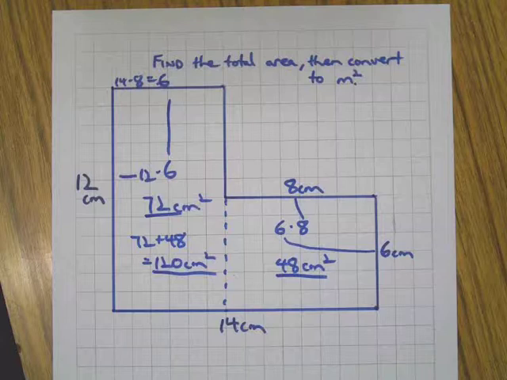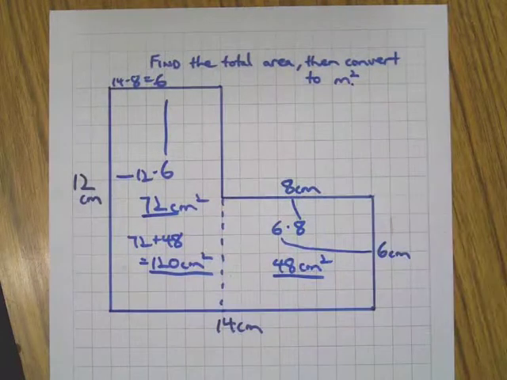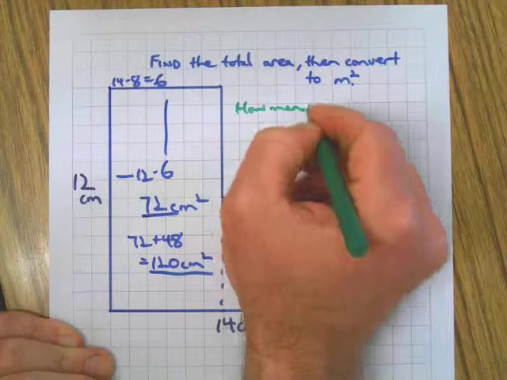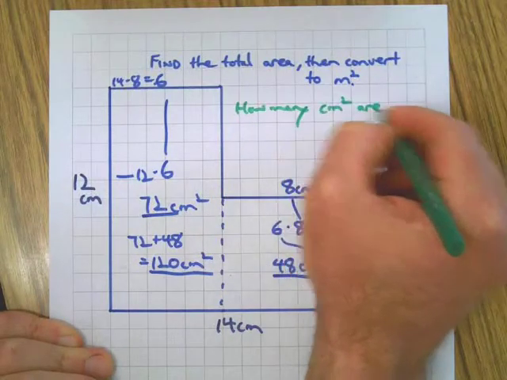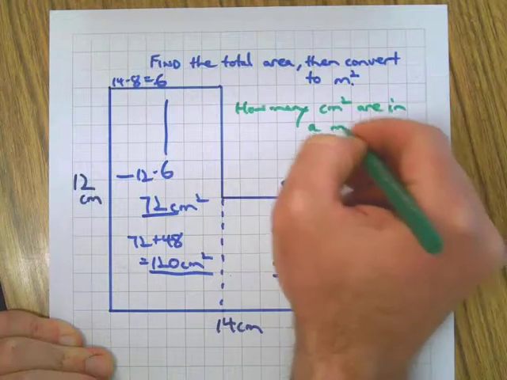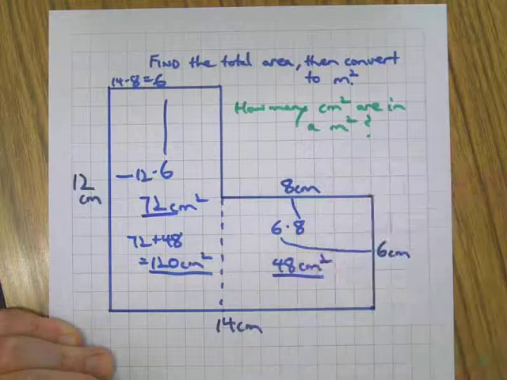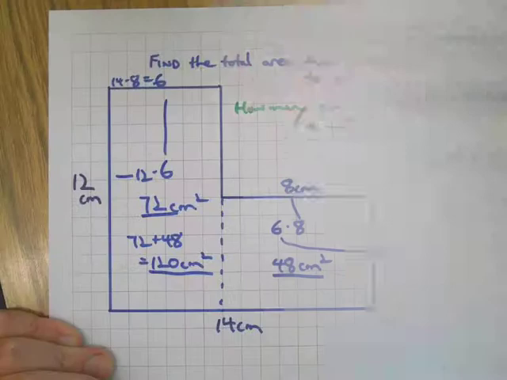But then let's convert it to square meters. Well, how many centimeters are in a square meter? That's the key question. How many square centimeters are in a square meter? Well, while it's true, if we go back to our original question, there are 100 centimeters in a meter.